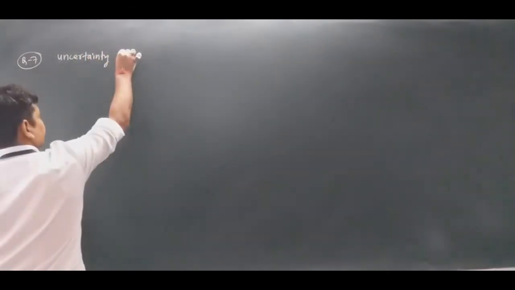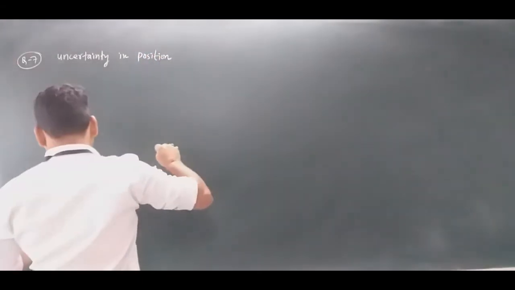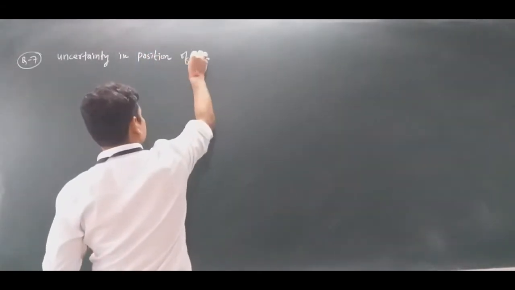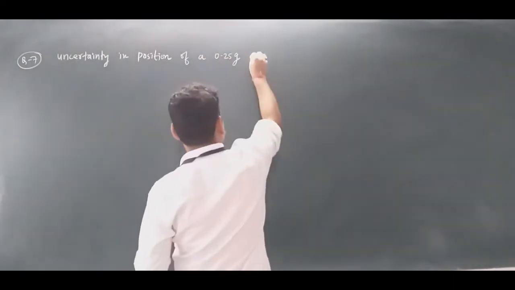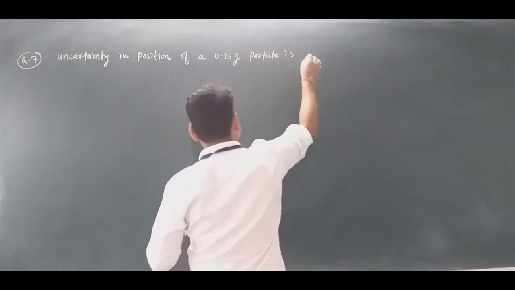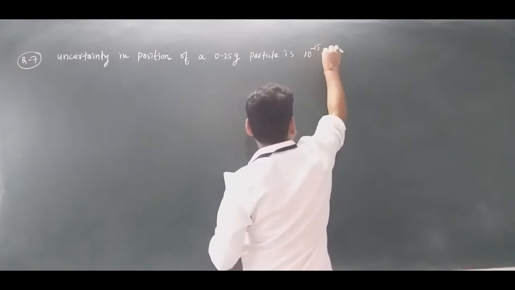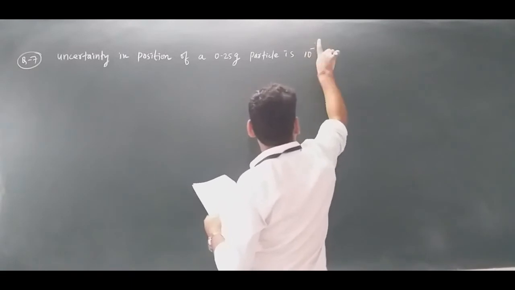Question number 7 is here. The uncertainty in position of a particle is 10 to the power minus 15 meter, 10 to the power minus 5 meter.